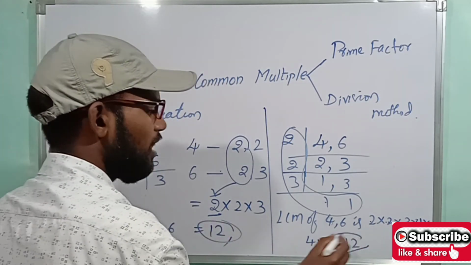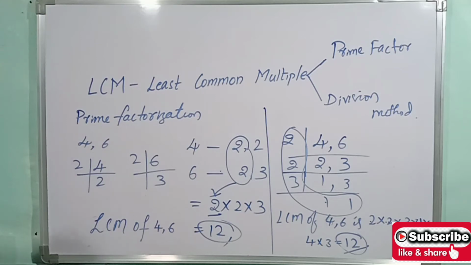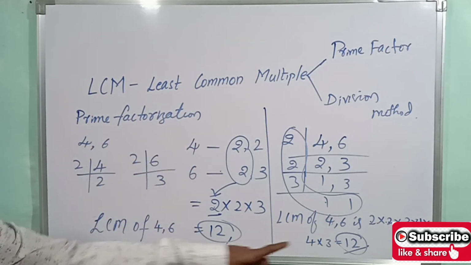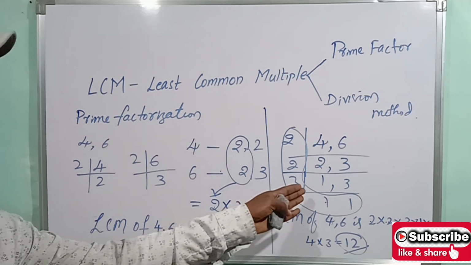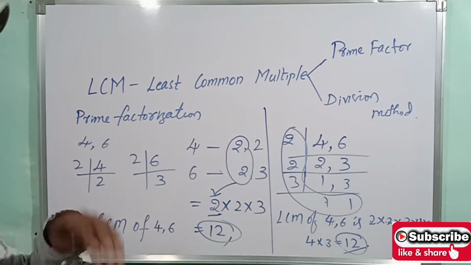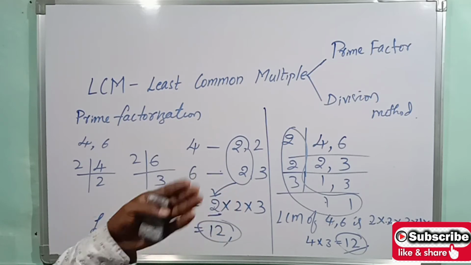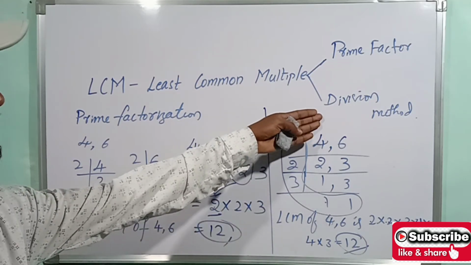Here also, as in the previous method, we got the same answer, 12. So everyone clear? This is a way of finding LCM. It is better to use the division method for LCM if you want the answer quickly, because the answer comes very easily.